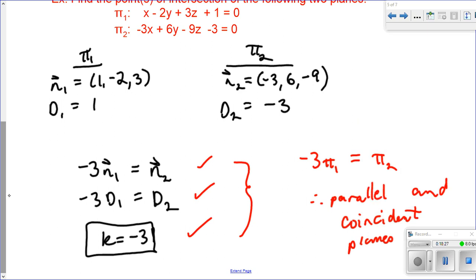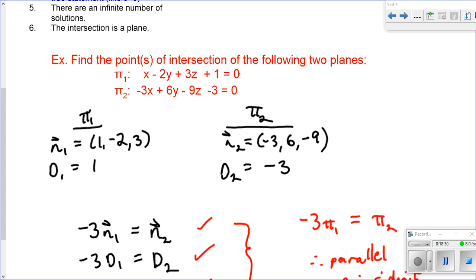Good. Now that we have determined that and made those statements, you can probably see it a little easier. Plane 2 is just -3 times plane 1. That's all it is.